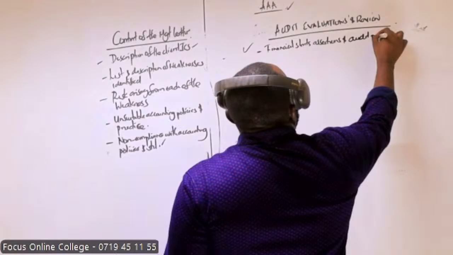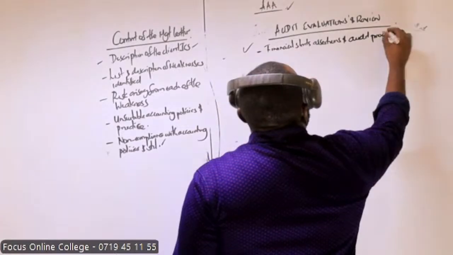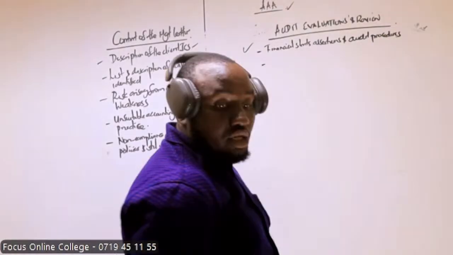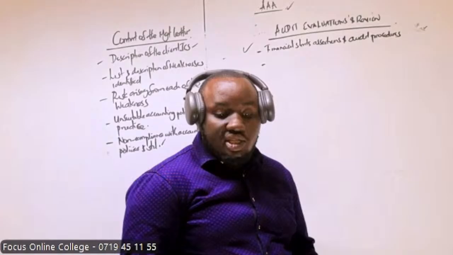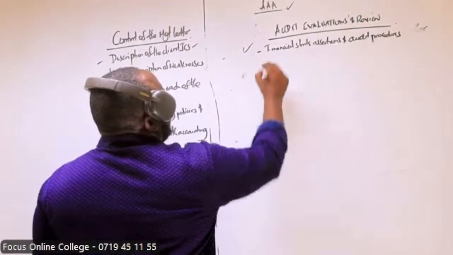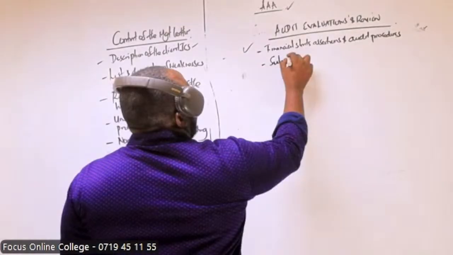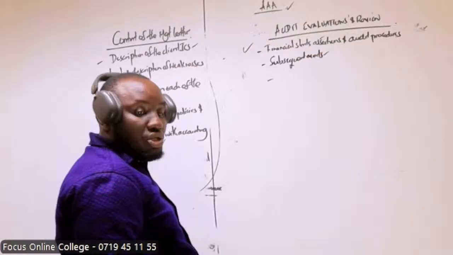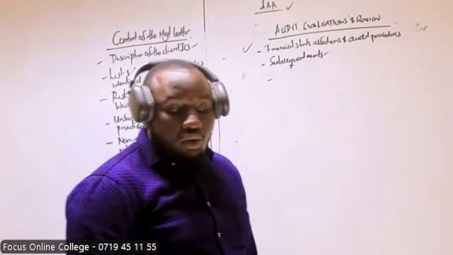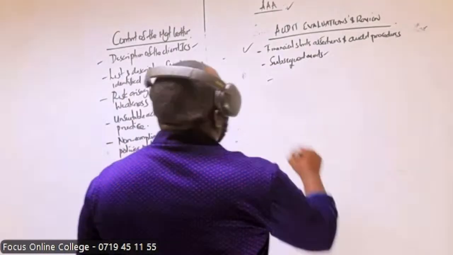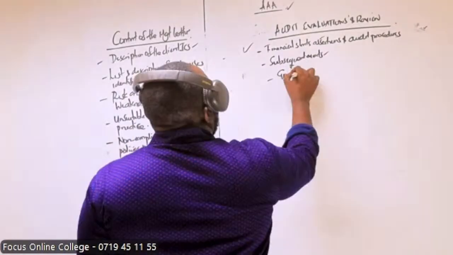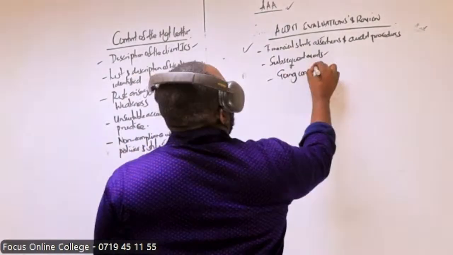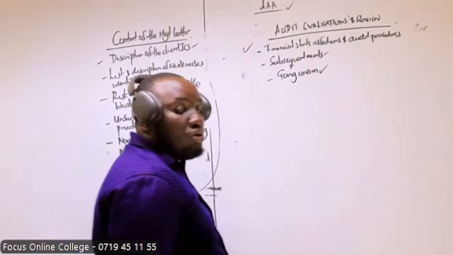One of the things that we're going to discuss is financial statement assertions and the audit procedure. That's the first thing. We're going to talk about subsequent events. We are going to touch on the going concern.